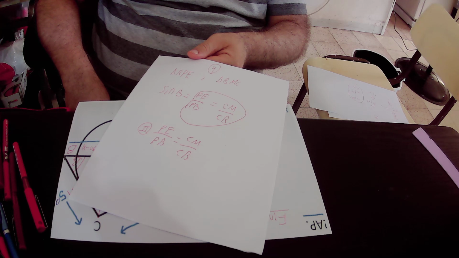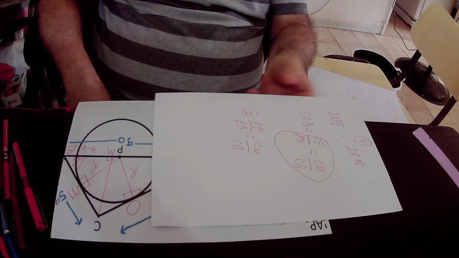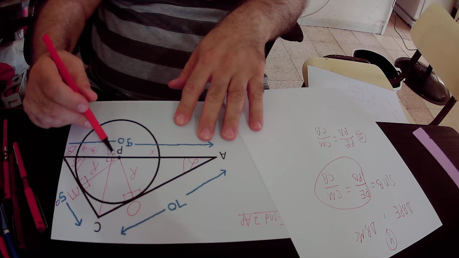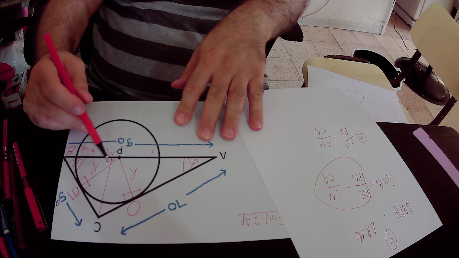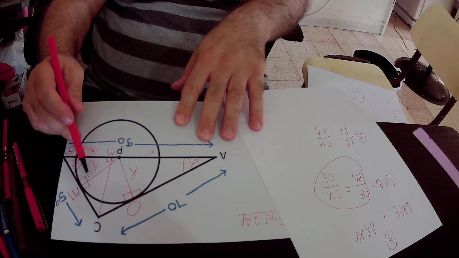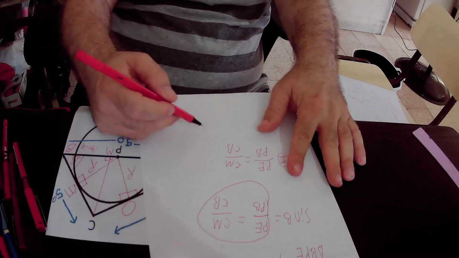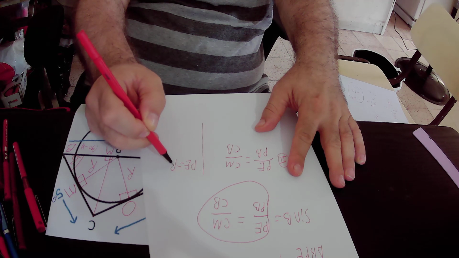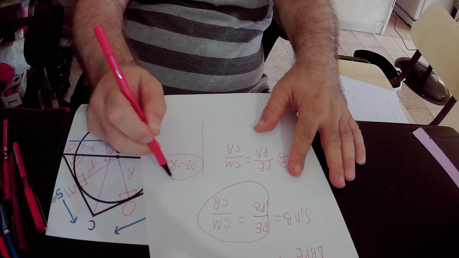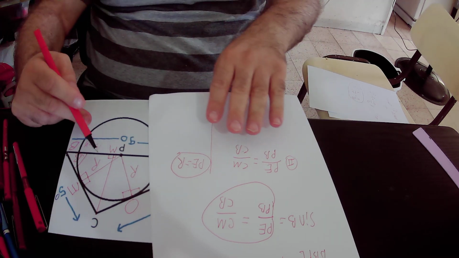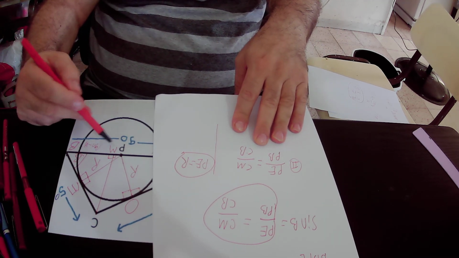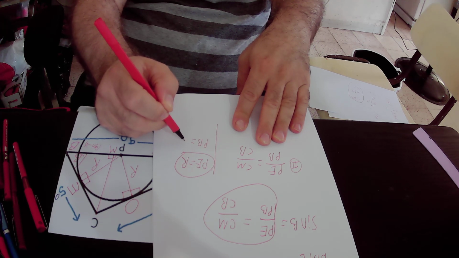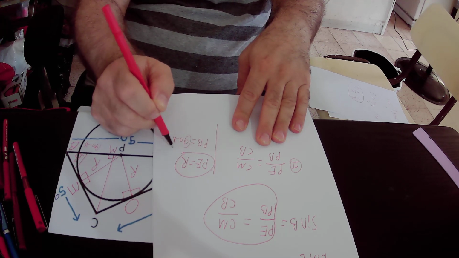Okay, and now, as you can see from the picture, PE is equal to the radius of the circle, PE equals R. So I write it here that PE equals the radius of the circle, that is to say R, and also PB, as I showed you a minute ago, equals 90 minus x.